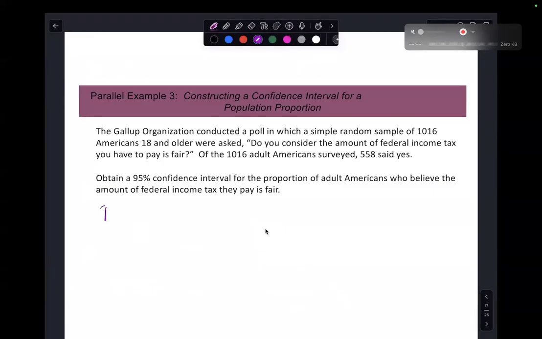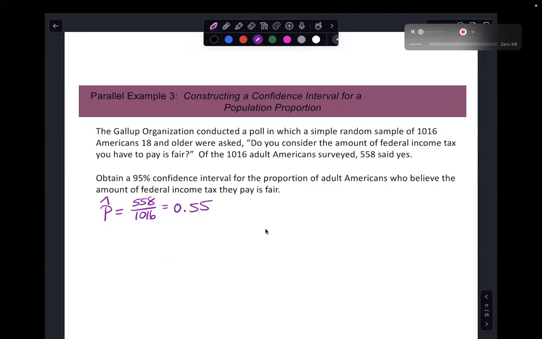Okay, my p hat is going to be 558 over 1,016. So this is about, we're going to call it 55%. So that's my p hat.